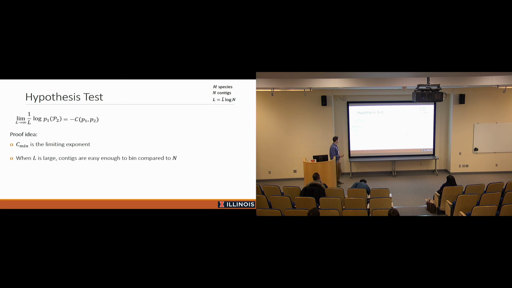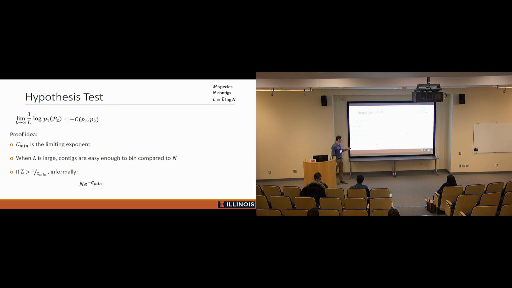And intuitively, when L is large, when you have more information for each contig, then it's easier to bin compared to the number of contigs you have. So if L bar is really big, then it doesn't matter that you have a growing number of contigs because you'll have more information in each contig.